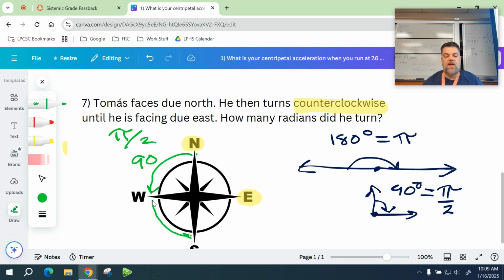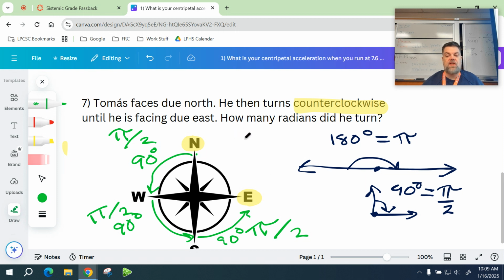Then all the way down here, that's another 90 degrees, or 1/2 pi. And then he turned until he got here, which is another 1/2 pi, and also another 90 degrees.